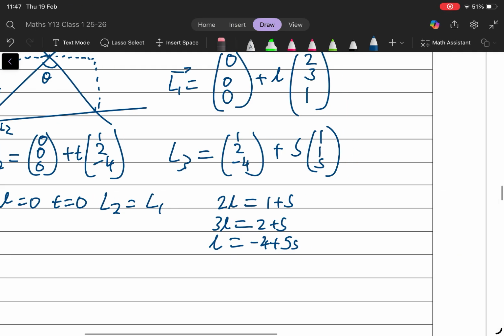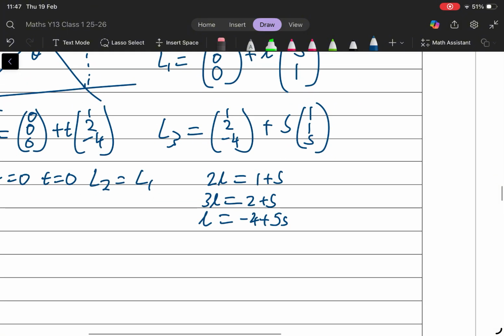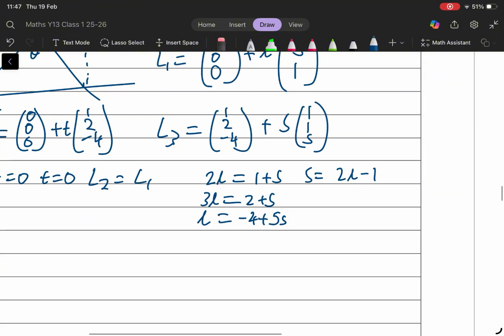And so then we can just solve these two simultaneously. So s equals 2 lambda minus 1. So then we have 3 lambda equals 2 plus 2 lambda minus 1. 3 lambda is going to be equal to 1 plus 2 lambda.